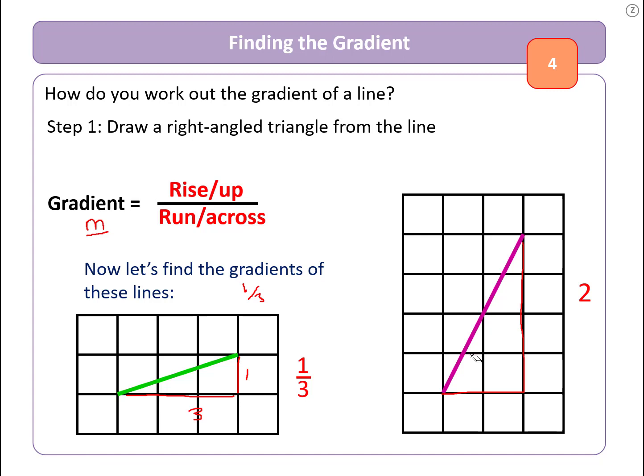And you just need to remember that. And that gradient is 2 because, can you see, that's the rise and that's the run. It's 4 up and 2 across, and 4 divided by 2 equals 2. So the gradient of that is 2.